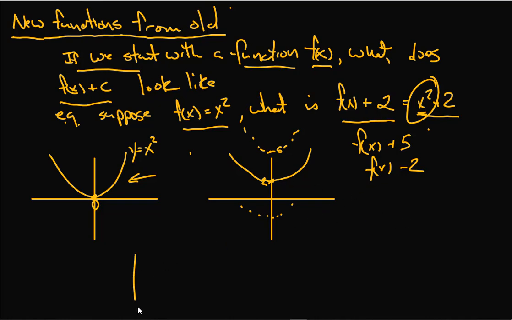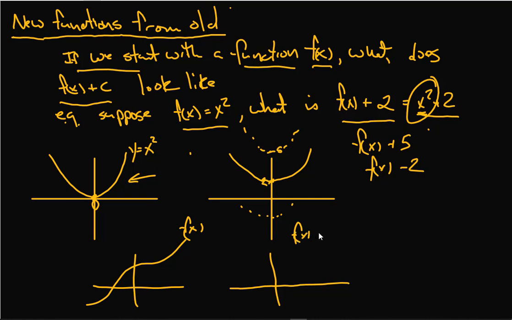So if you started with a function that looked like, say, that, and let's say you add 1 to it, so if this is f, and you consider what f of x plus 1 would look like, I guess it would cross higher and then go up higher.